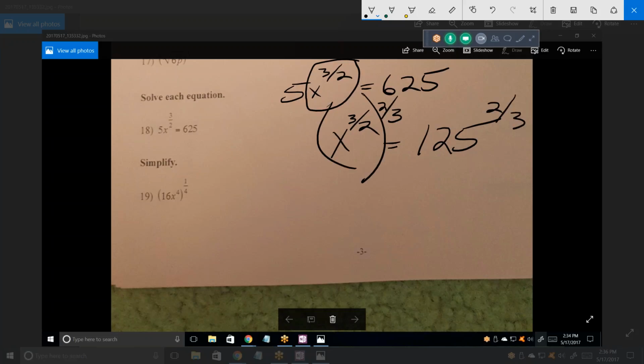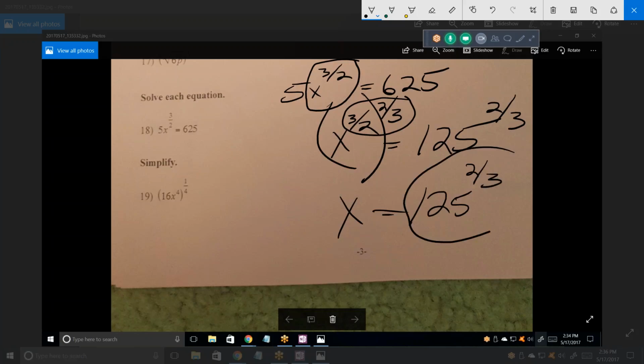That's always going to turn this into x, because we're always multiplying those exponents. If you want to turn it into x to the 1, you have to exponentiate it by the reciprocal. So x is equal to 125 to the 2/3. Now, how do you do that one?